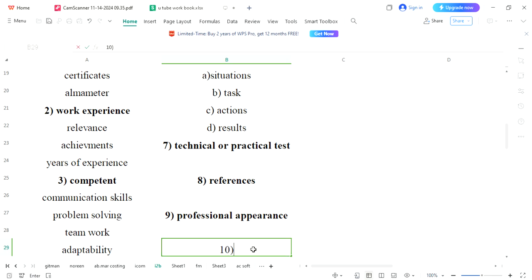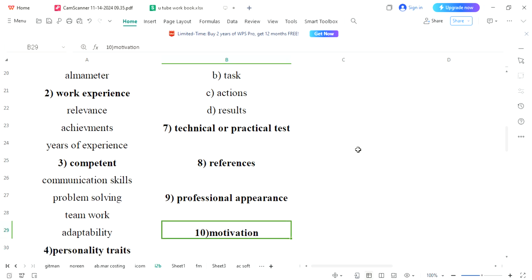Then finally, we will see how motivated that candidate is. Please understand, a motivated candidate would always be helpful to us. A candidate who has already accepted a calm or cool behavior is not an active candidate.